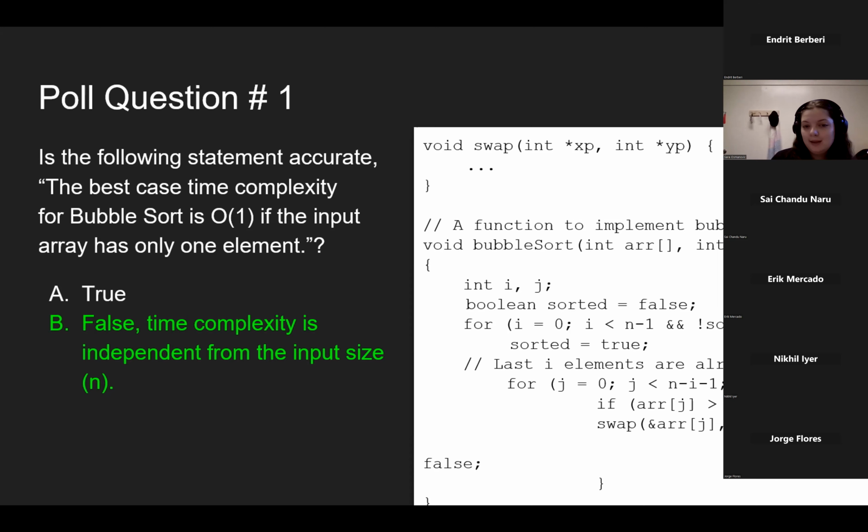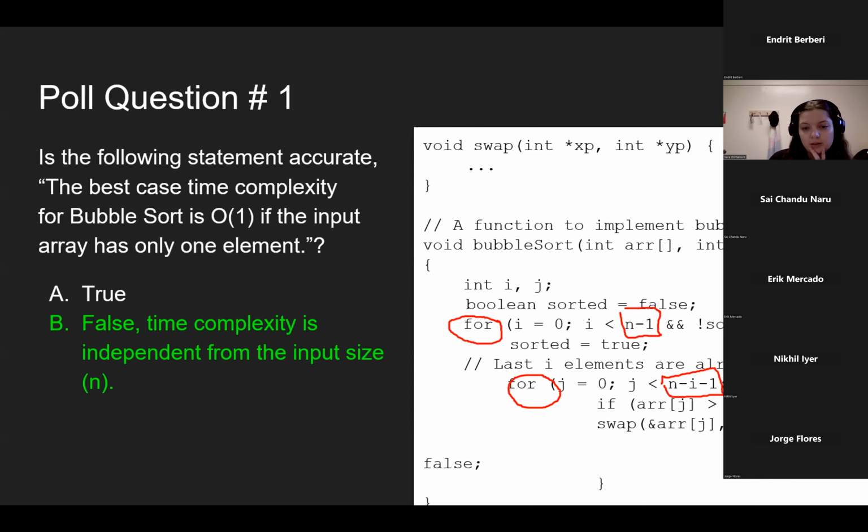Yes, if you plug in n, it's going to be O of 1, but it doesn't grow at the rate of O of 1, since bubble sort actually has one for loop and then another for loop, and they both grow with some respective n.